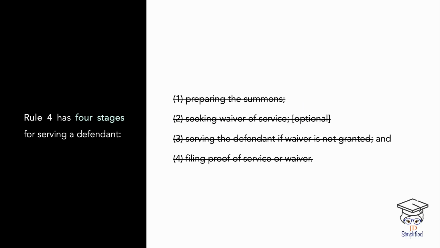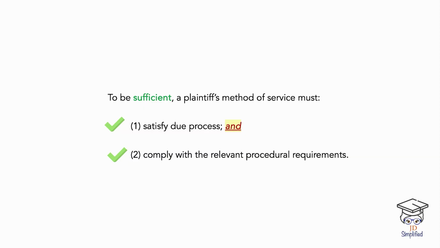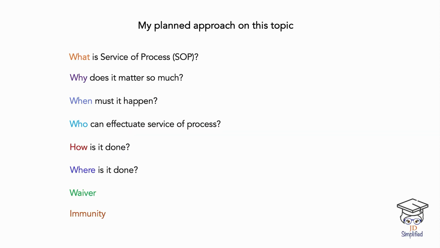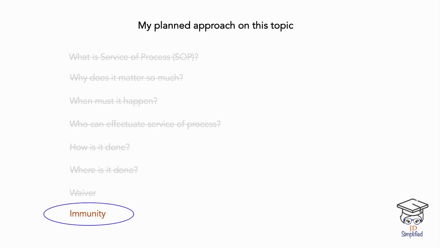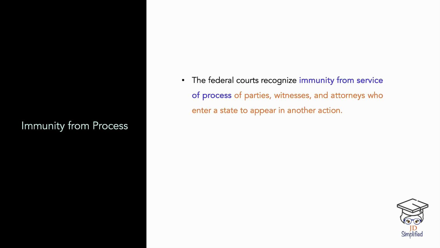Boom, done with Rule 4 procedural requirements. We went over satisfying due process and procedural requirements, so we've covered most of this checklist, right? Except immunity. Super quick, let's do it. Just know this.